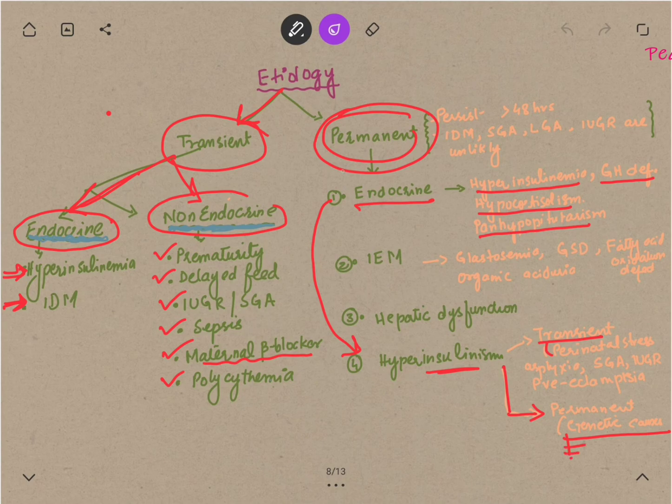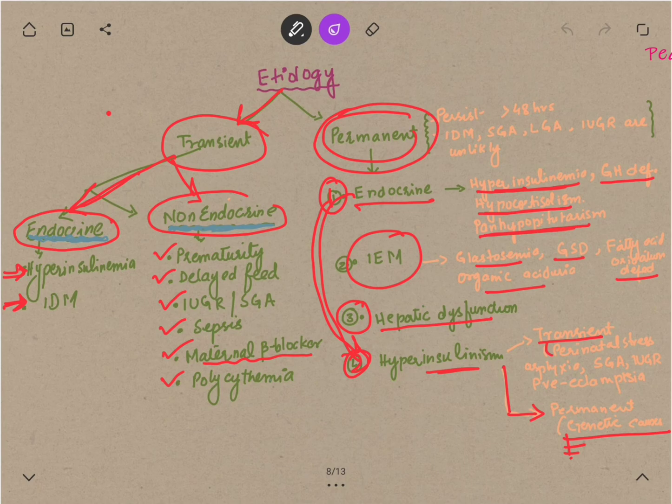So regarding endocrine, we have two conditions: hyperinsulinemias and hypocortisolism, panhypopituitarism. Other causes include inborn errors of metabolism like galactosemias, glycogen storage disease, fatty acid oxidation defects, and organic acidurias, and last but not least, hepatic dysfunction.